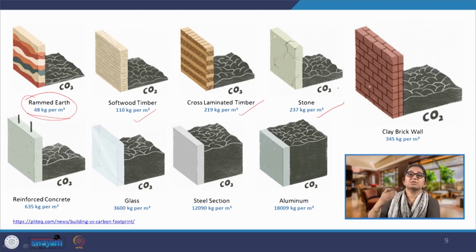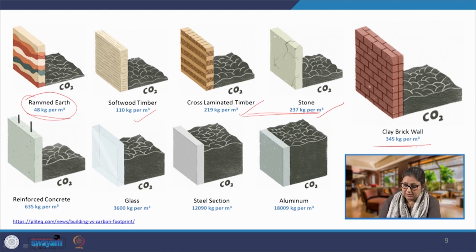So, all that processing will require a lot of energy and fuel to be consumed. The machines consume energy, not the raw material itself. So, it is close to the laminated timber here. And then comes clay brick wall. We are talking about around 350 kilograms per meter cube for a fired clay brick wall.